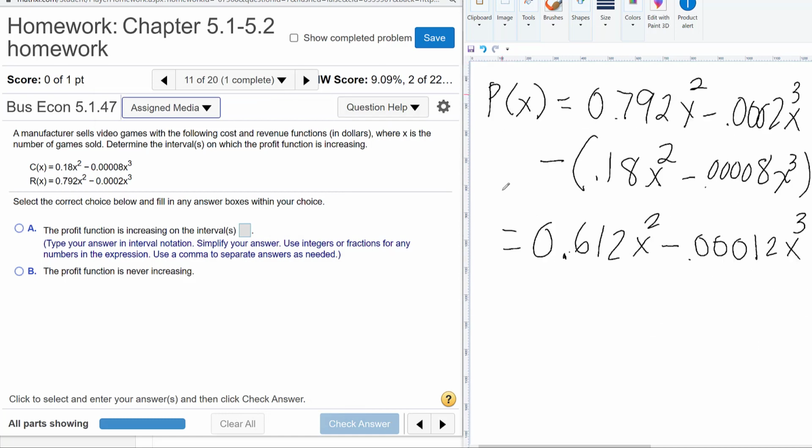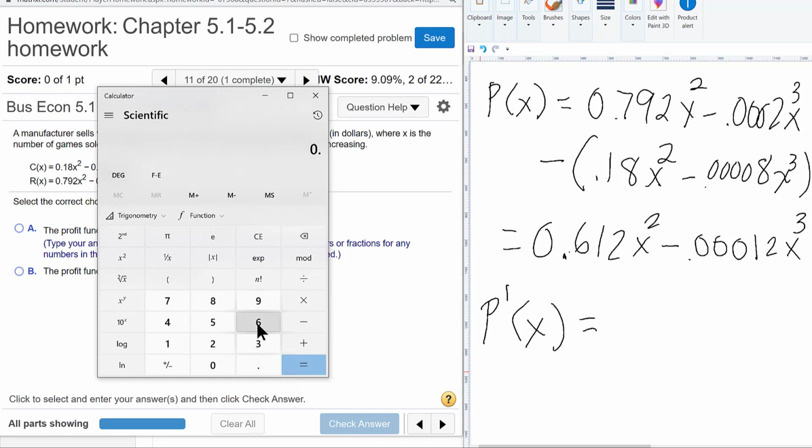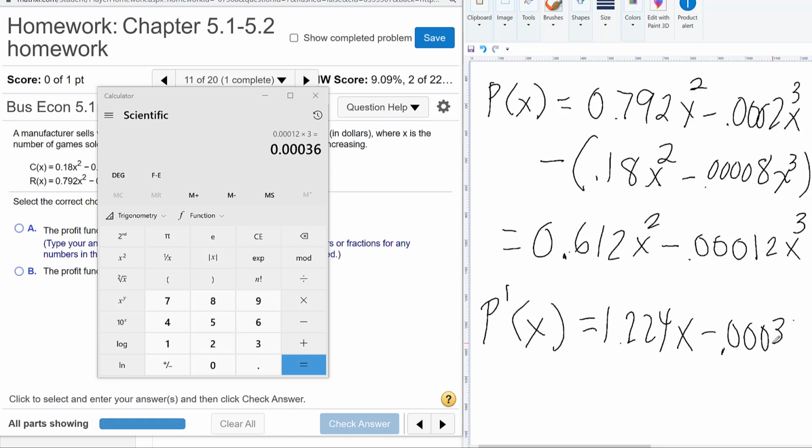Now we have to take the derivative. P prime of x is 0.612 times 2, so 1.224x minus 0.00012 times 3, 0.00036 x squared.